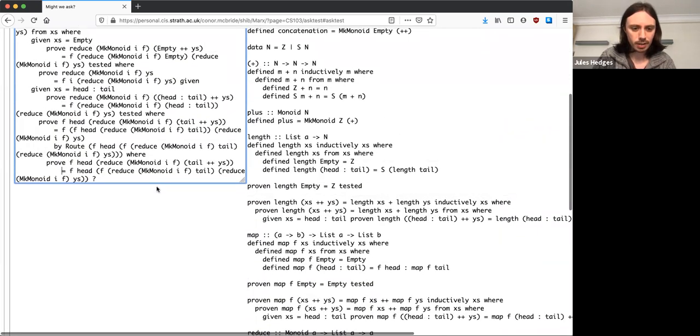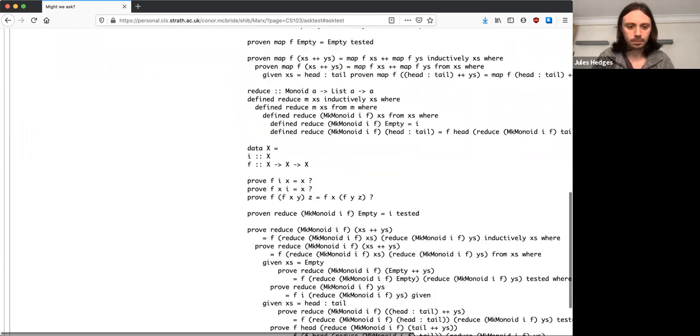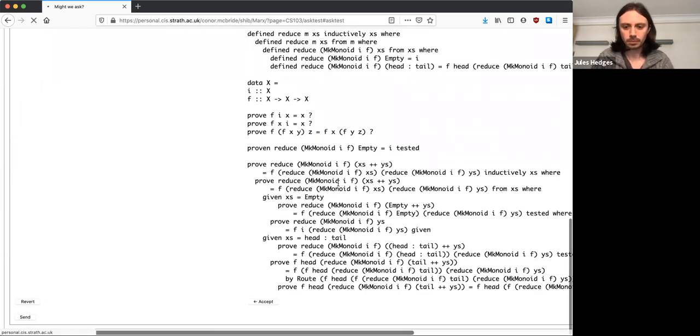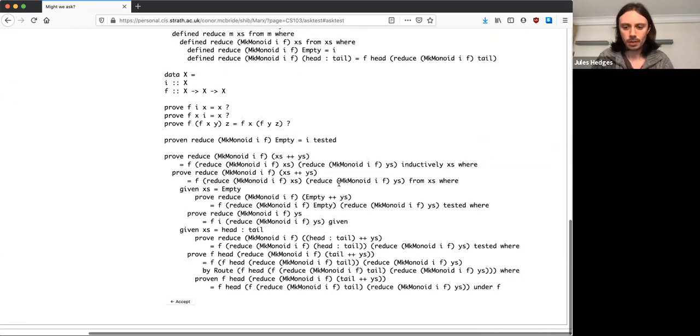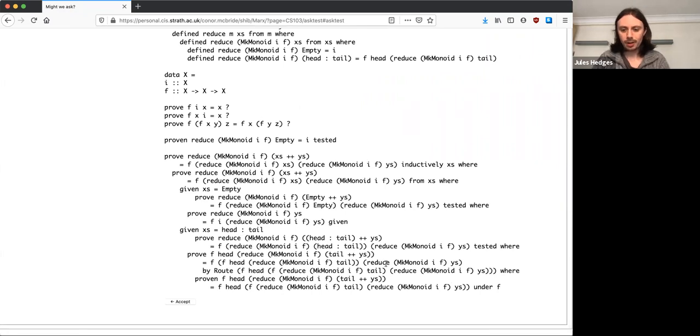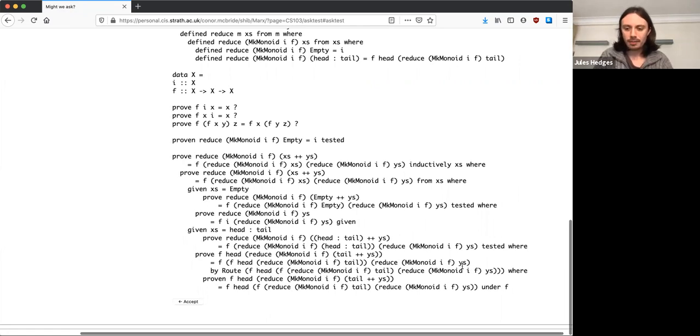So I can say under f here, and at this point we're actually done. Ask has now accepted this proof. It hasn't changed to proven because I'm relying on these fake proofs here, but apart from that, Ask has accepted this proof. I'm going to continue adding invisible things.